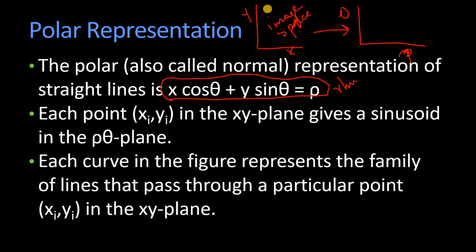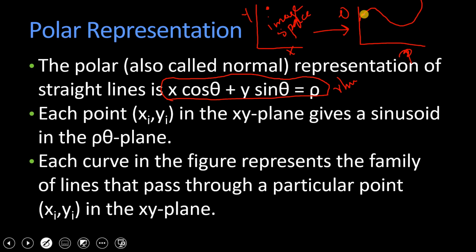So for example, if there is a point at this location, remember that in the previous case, a point in the image space was a line in the mc Hough space. But here a point will represent one equation, one function in the rho theta plane, and that equation is represented by a sinusoidal wave.